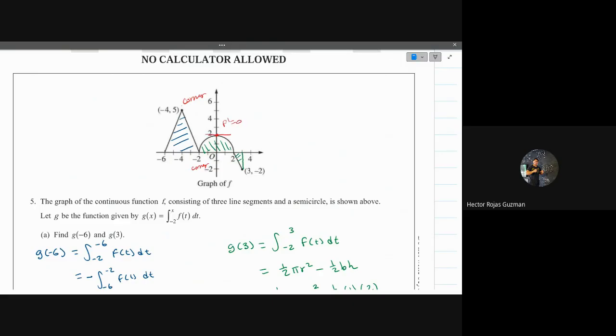So the slope is 0. And technically at 2 as well, because we go from like a circle to a straight line. So technically the slope is undefined. -4, -2, 0.